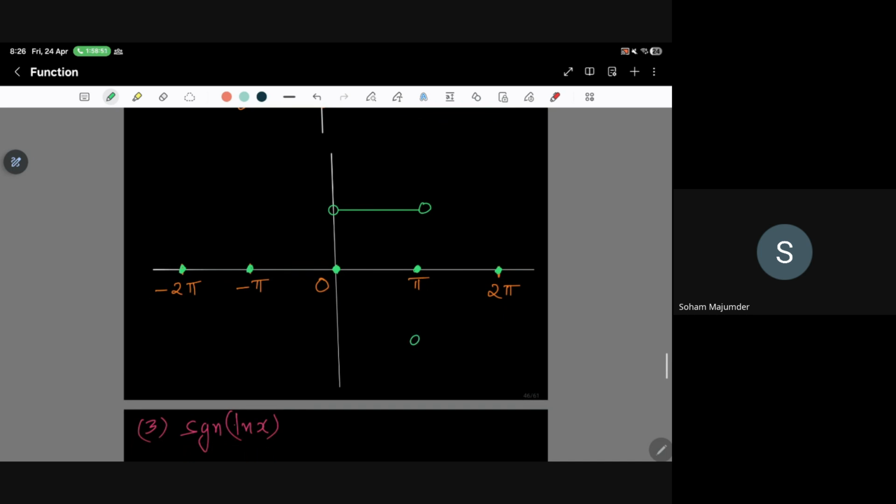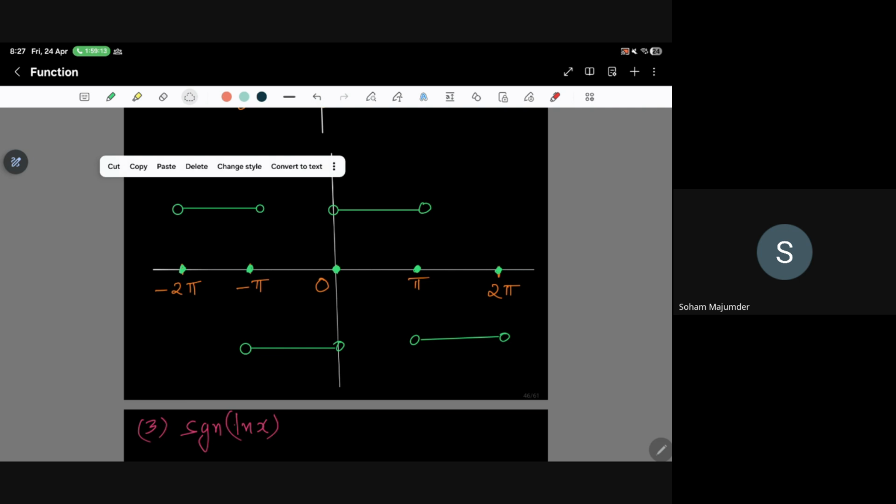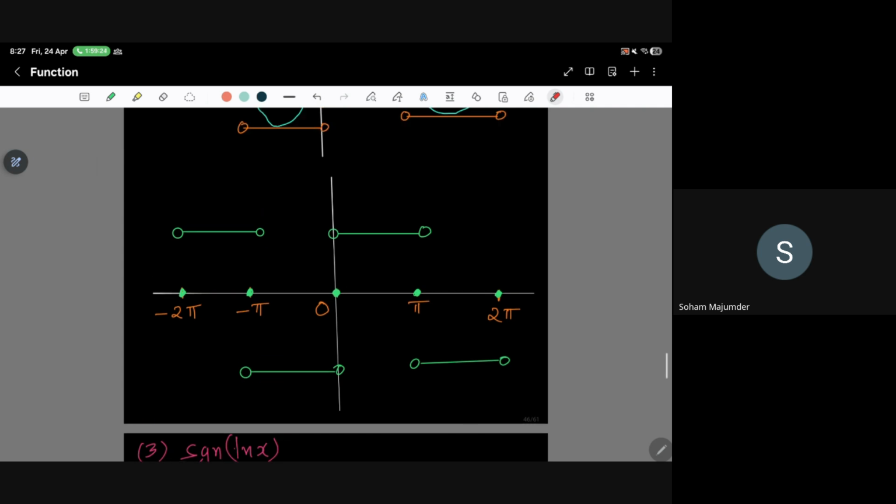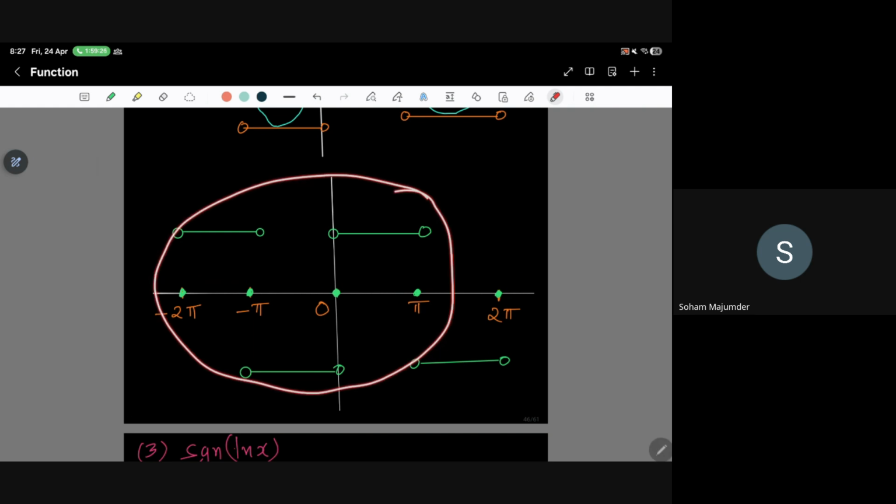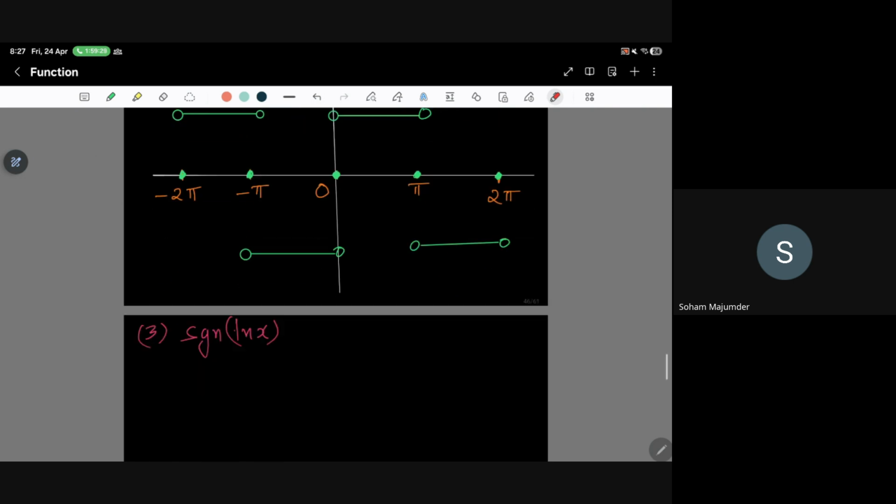Between pi and 2 pi the value is minus 1. Between minus pi and 0 the value is minus 1. So this is the graph, the green part, dotted part, and this one. So you can repeat this graph at other intervals also. Yes, any doubt in this graphical part, anyone? Okay, try for this.